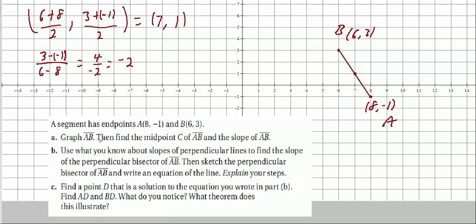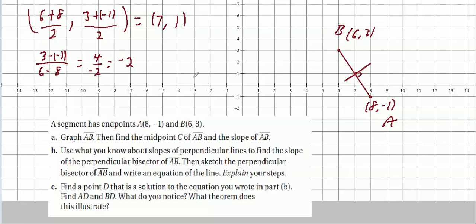Use what you know about slopes of perpendicular lines to find the slope of the perpendicular bisector. That would be the one that goes like this, and intersects at a right angle. Well, remember the slope of the perpendicular line is the negative reciprocal.